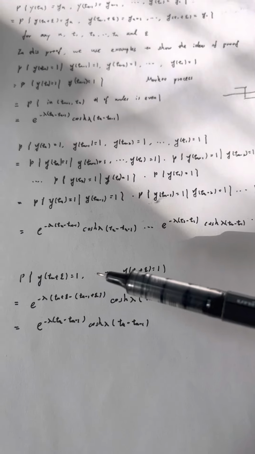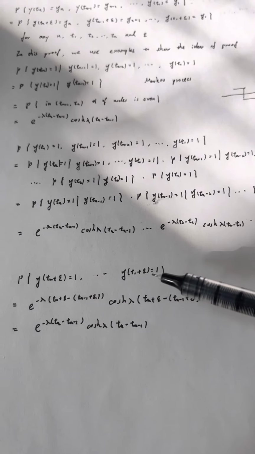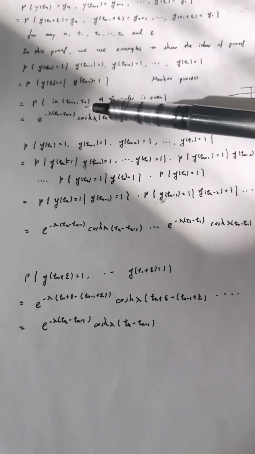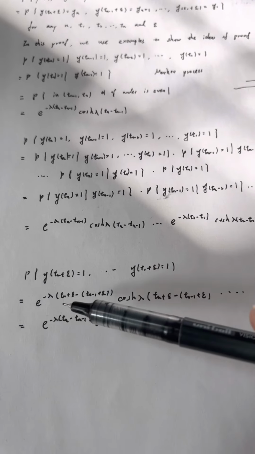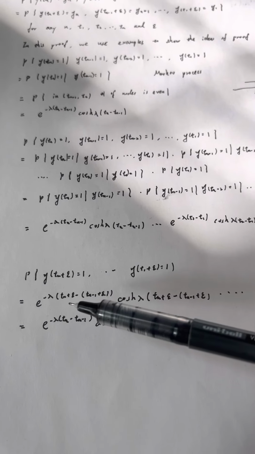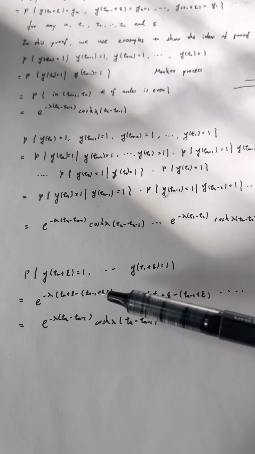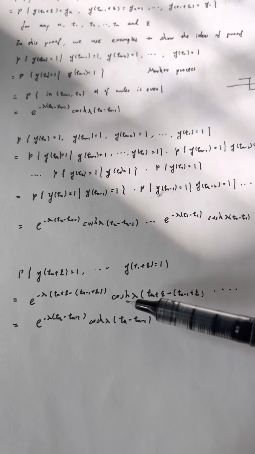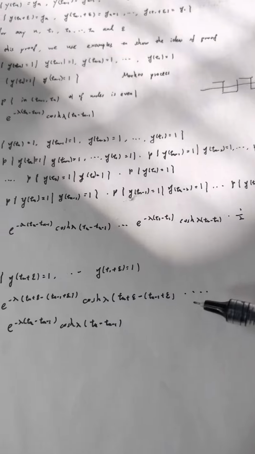And then the probability of Y(t_n + epsilon) = 1 up to Y(t_1 + epsilon) = 1 can still use the same equation. It equals e to the power of minus lambda times ((t_n + epsilon) minus (t_{n-1} + epsilon)), times cosh of lambda times the same difference, and each term goes the same.